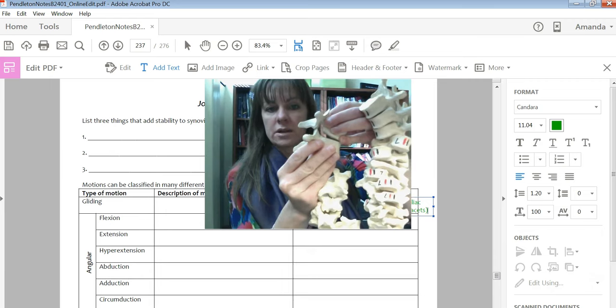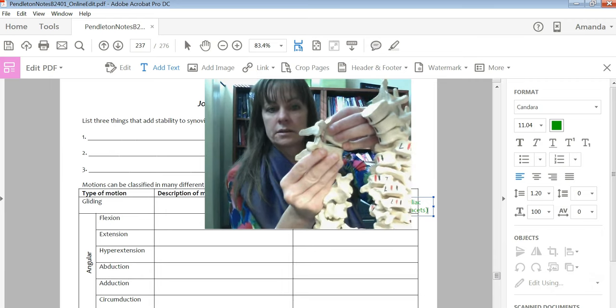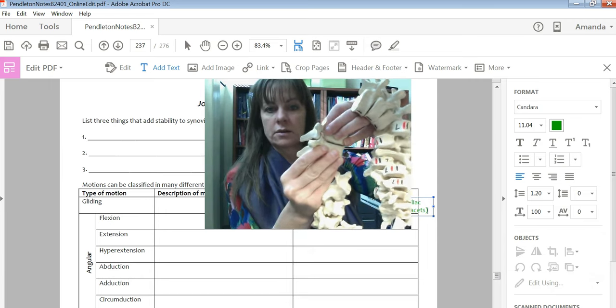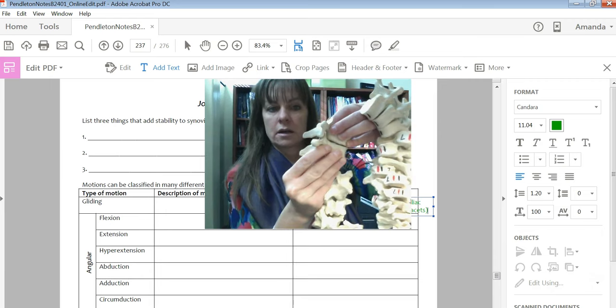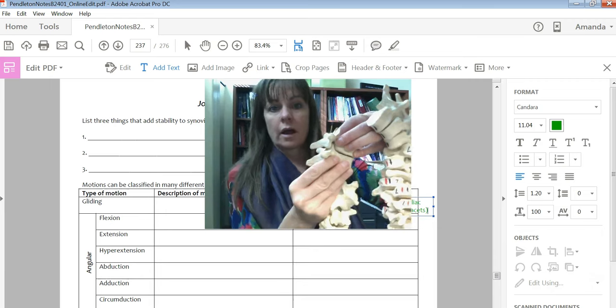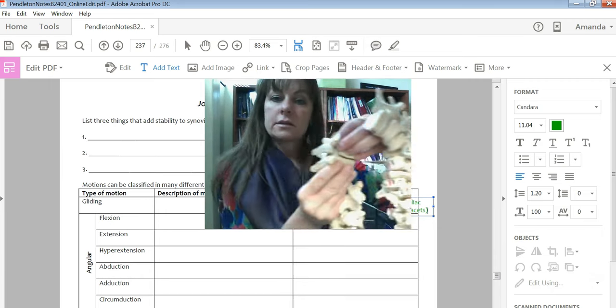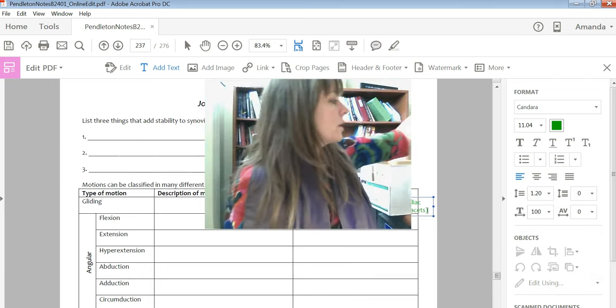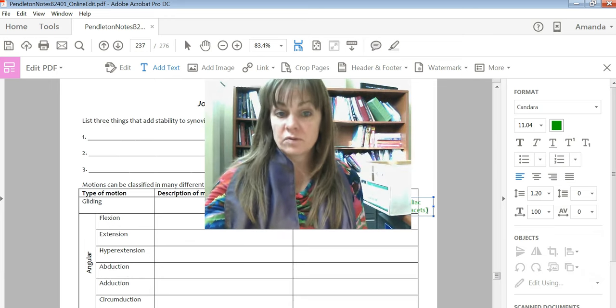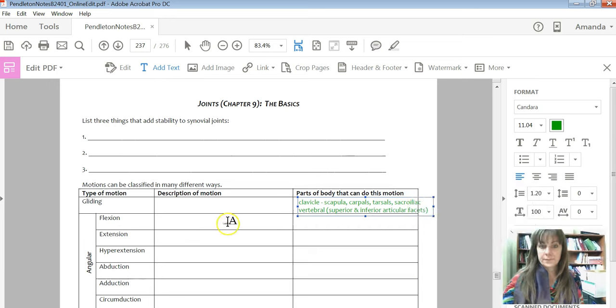Say you bend over and touch your toes, then the bones do this, and as you stand up straight, they go back to normal. So there's a little bit of wiggle there. There can be a little bit of wiggle side to side if you turn like this. Those are the sorts of gliding movements that you can see.